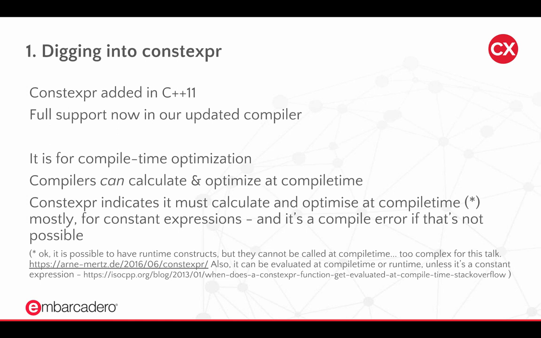Compilers can calculate and optimize at compile time, and they often do. But constexpr indicates that it must calculate a value at compile time. There are a few caveats there, and there's a bit of small print on the slide which I'm not going to get into. But for a constant expression, it guarantees that it must be evaluated at compile time, and it's a compile error if that's not possible.